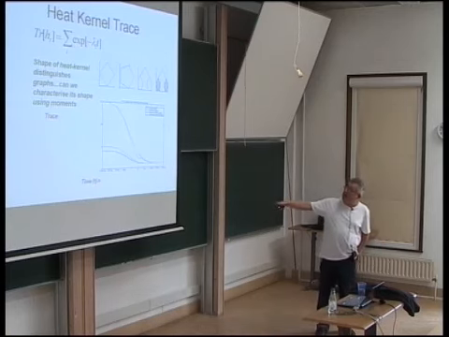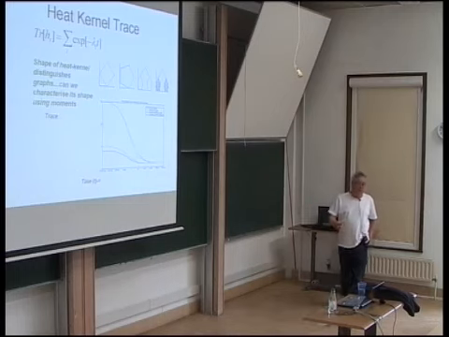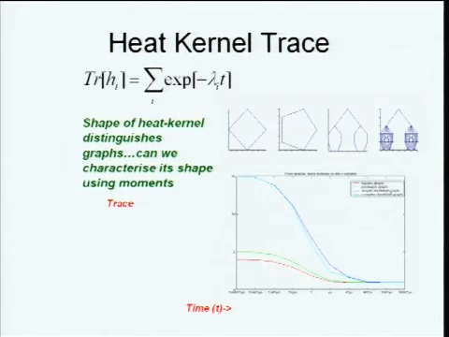And then what I've done here is plotted the trace of the heat kernel as a function of time. The trace of the heat kernel is just the sum of the eigenvalues of the Laplacian matrix exponentiated with time, and if we look at the form of the heat kernel trace as a function of time, you notice that we get a rather different form of the function for each of the graphs.